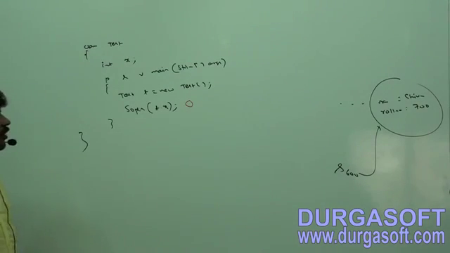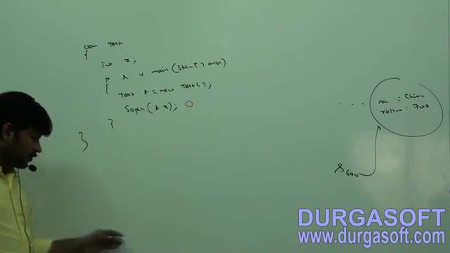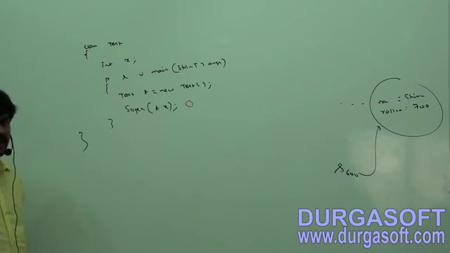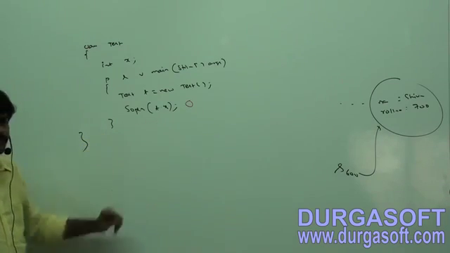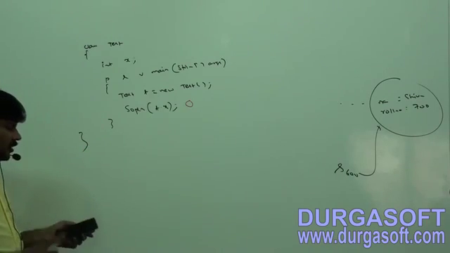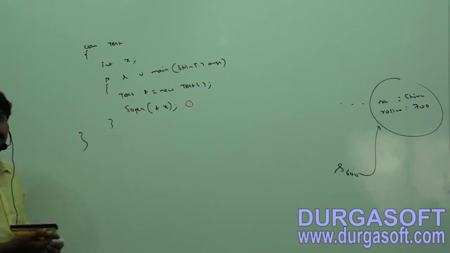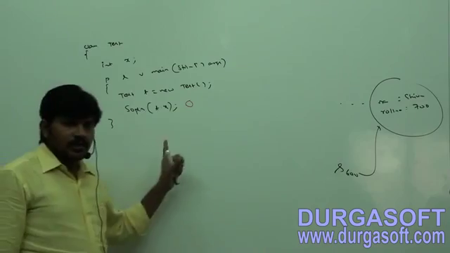Tester t is equal to new test, SOP of t.x. Do you know what value by default we are going to get? 0. t.x, its value is 0. Are you able to understand, right?